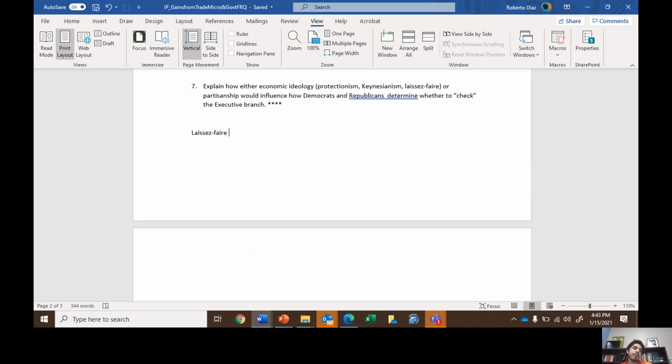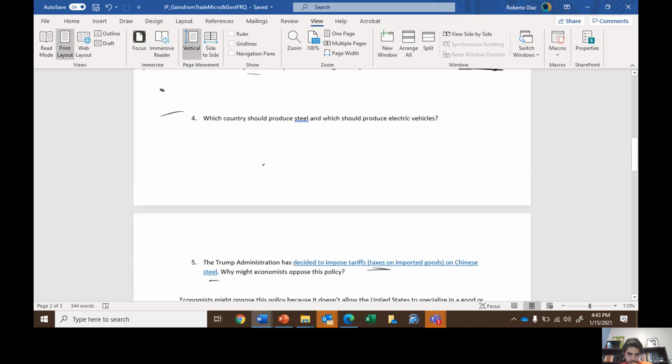You can talk about how a bunch of left Democrats are now trying to rediscover free market ideas, and are now more embracing of a laissez-faire ideology with respect to trade policy because of partisanship, and they want to deal President Trump a blow. You can talk about any of those elements in the answer to question 7.